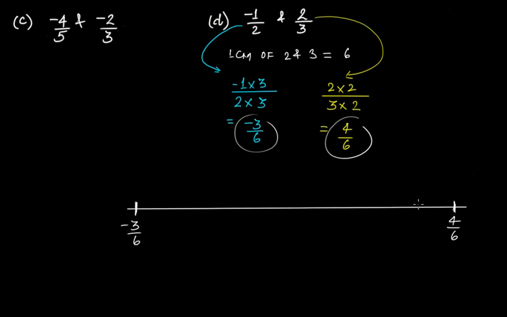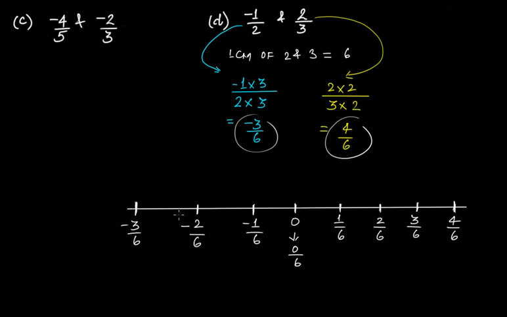So this becomes 3 over 6, this becomes 2 over 6, this becomes 1 over 6, this is 0, or you can write it as 0 over 6, because if you divide 0 by any number, you get back 0 only. This is minus 1 over 6, and this is minus 2 over 6.